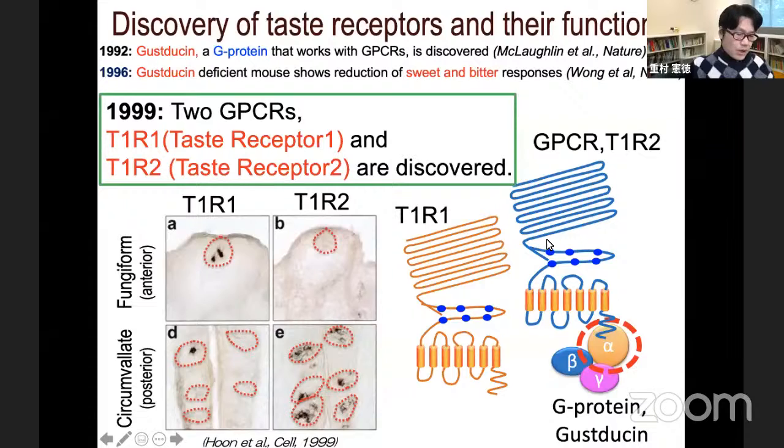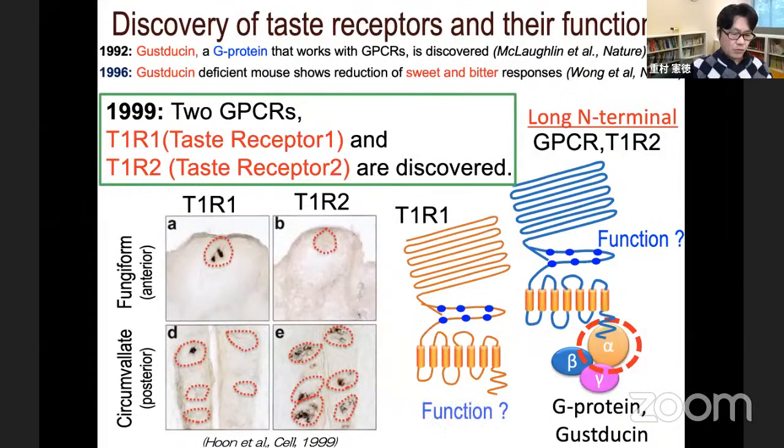T1R1 and T1R2 have seven transmembrane domains, 1, 2, 3, 4, 5, 6, 7, and a long extracellular region. Here, that is likely to bind taste substances. However, the function of T1R1 and T1R2 was still unknown.